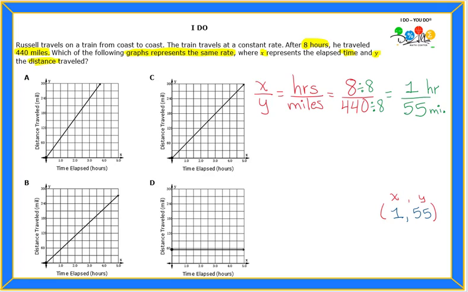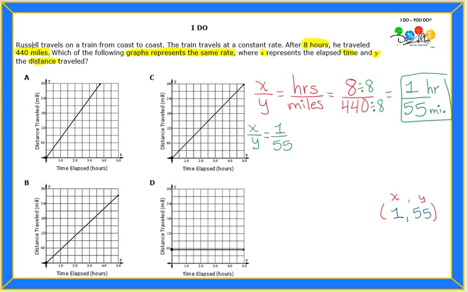The way we're going to find more is by using my comparison here. This is still x over y, and this will be 1 over 55. If I want to find more, you cannot divide because you don't want decimals, but the opposite of dividing is multiplying.